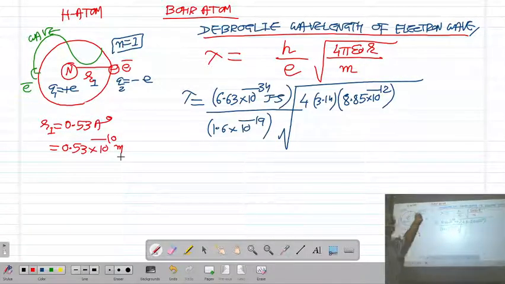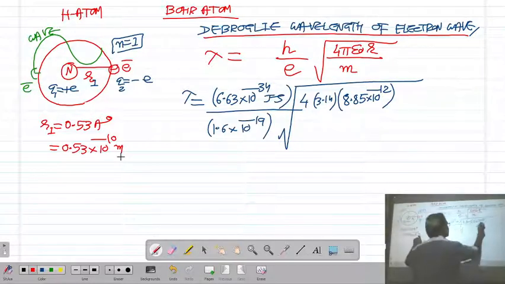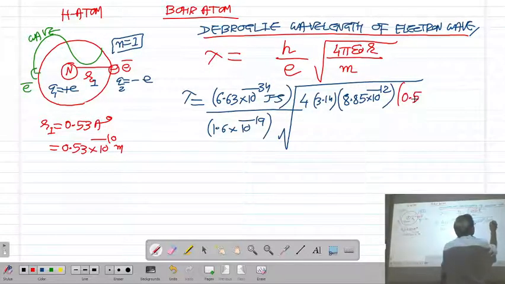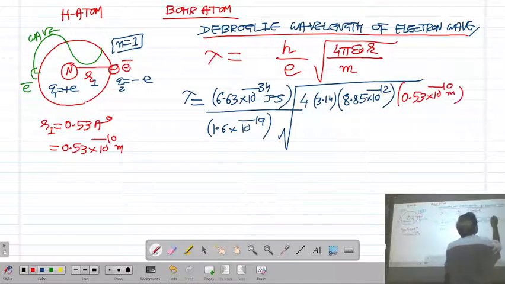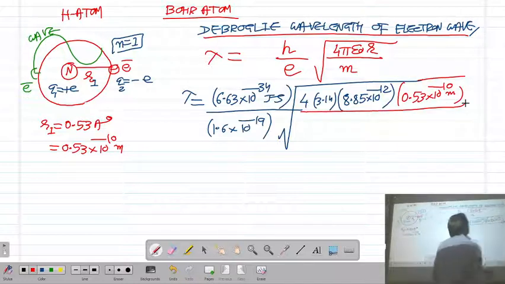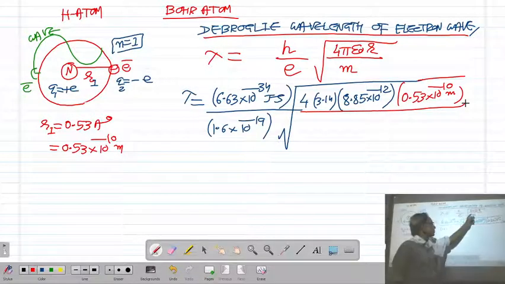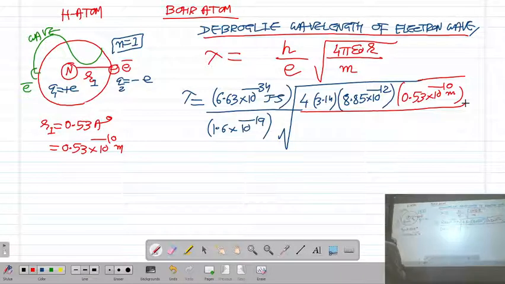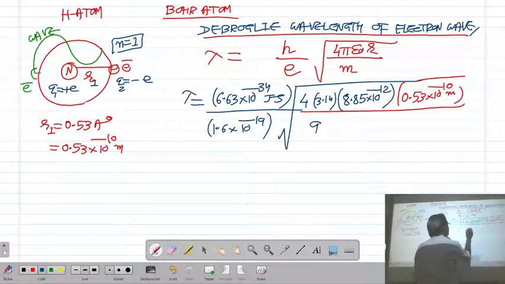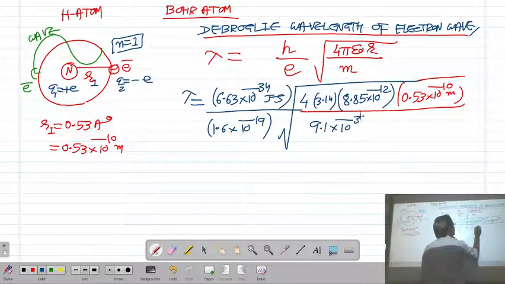So radius of the smallest orbit, n is equal to 1, around the hydrogen nucleus is 0.53 angstrom or 0.53 10 to minus 10 meters. Divided by mass of the electron. You know very well the mass of electron is 9.1 10 to minus 31 kilogram.